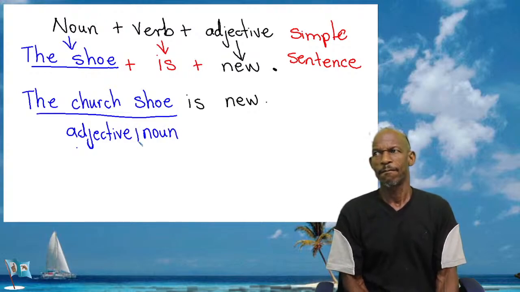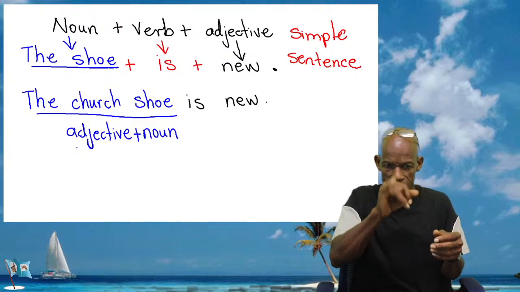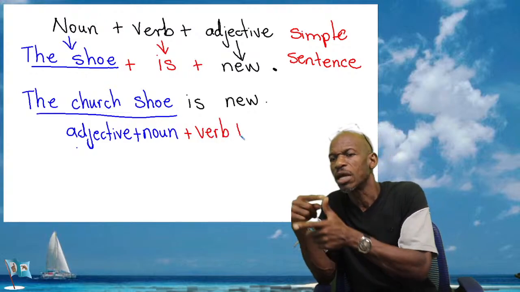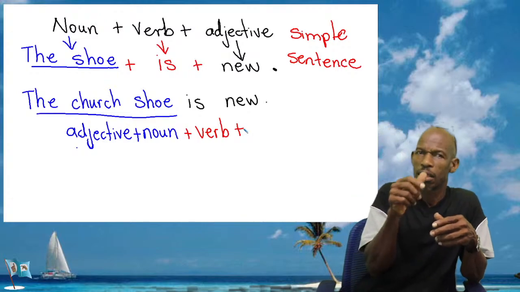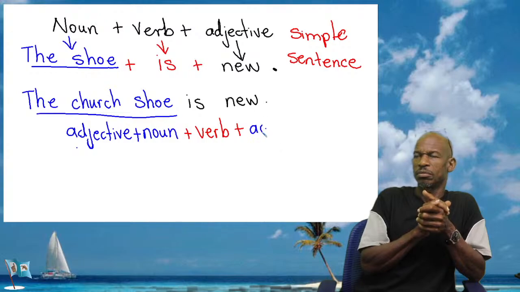So it will be an adjective plus a noun. Then I write a verb. And then I put another adjective. This is just adding words to your sentence, and these are just another way of writing it.